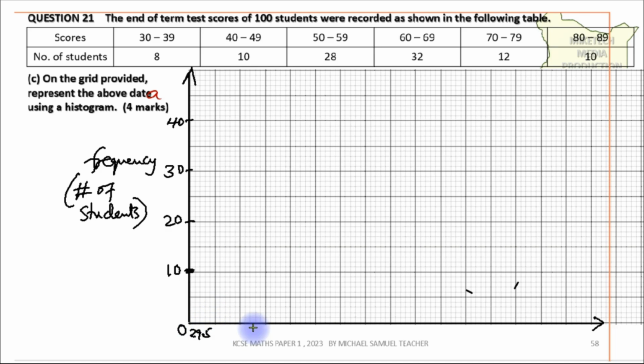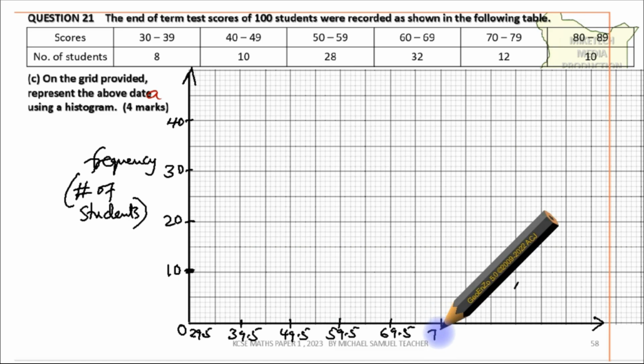So 29.5, then 39.5, then 49.5, then 59.5, then 69.5, then 79.5, and lastly 89.5.